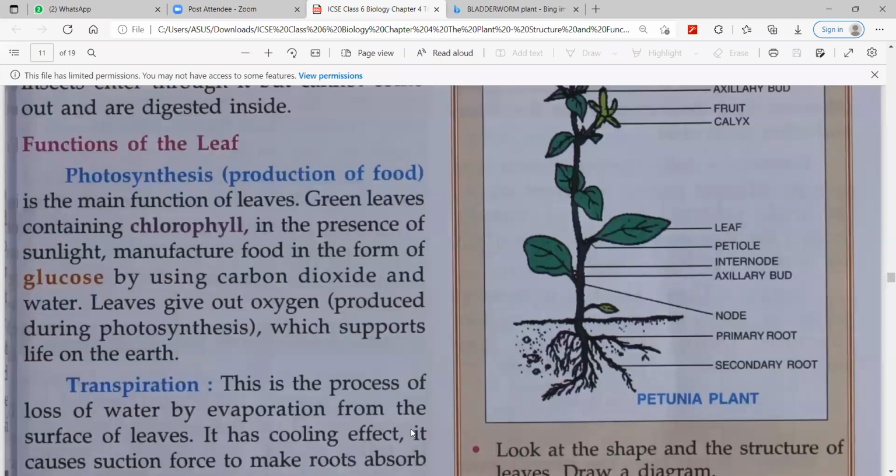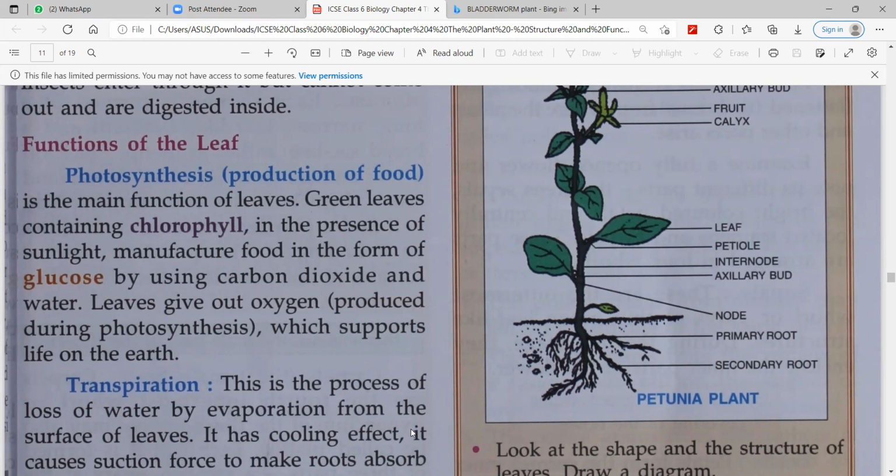Okay, this was all about the leaves and their modification. Now moving towards the functions of the leaf. We know that leaves are green in color, and the main function of the leaf is to prepare food for the plant. How?